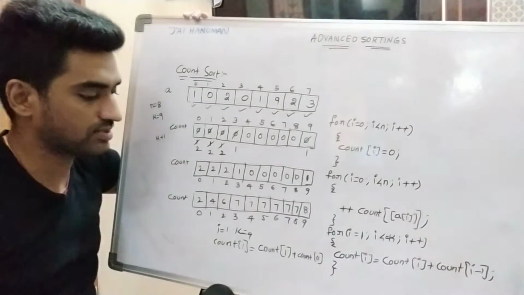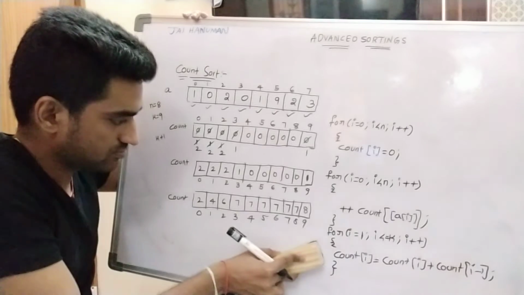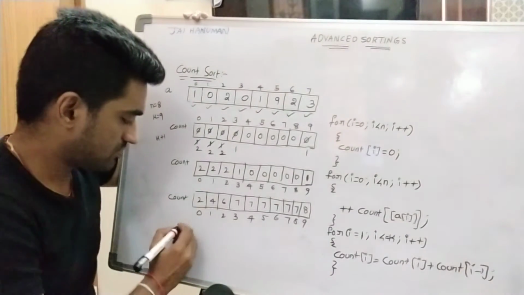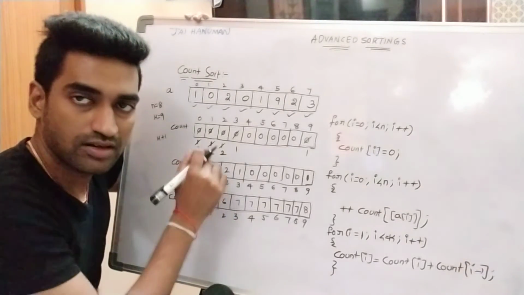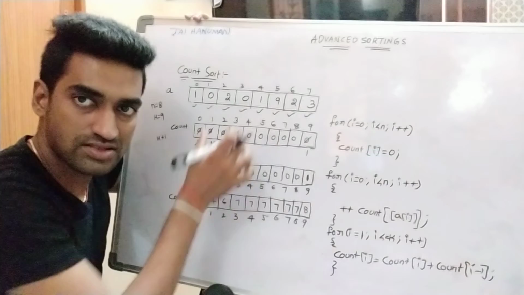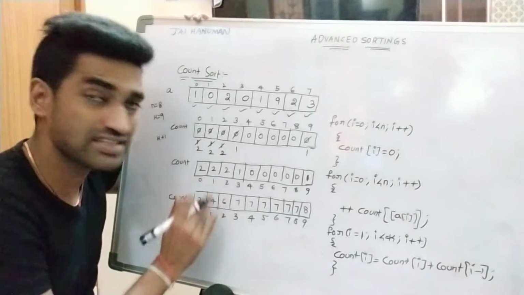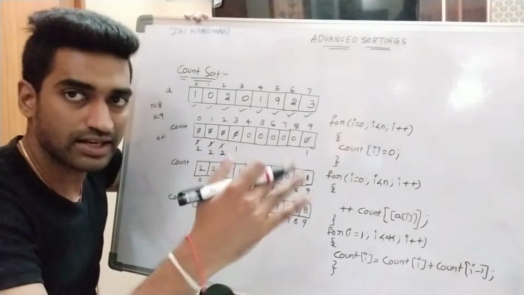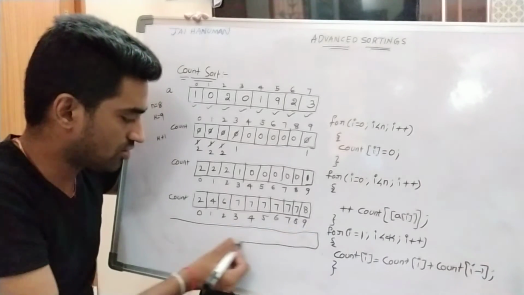Then how to sort? I am taking one more array for sorting. Those elements are stored with the help of one new array, which can be called the B array, right? So finally the resultant array is stored in this B array. Here I am taking one more array for storing the output.